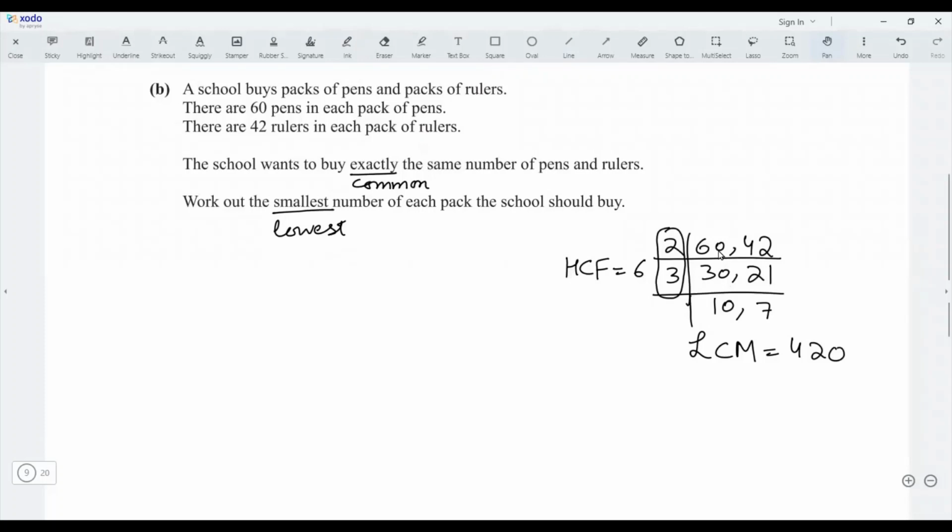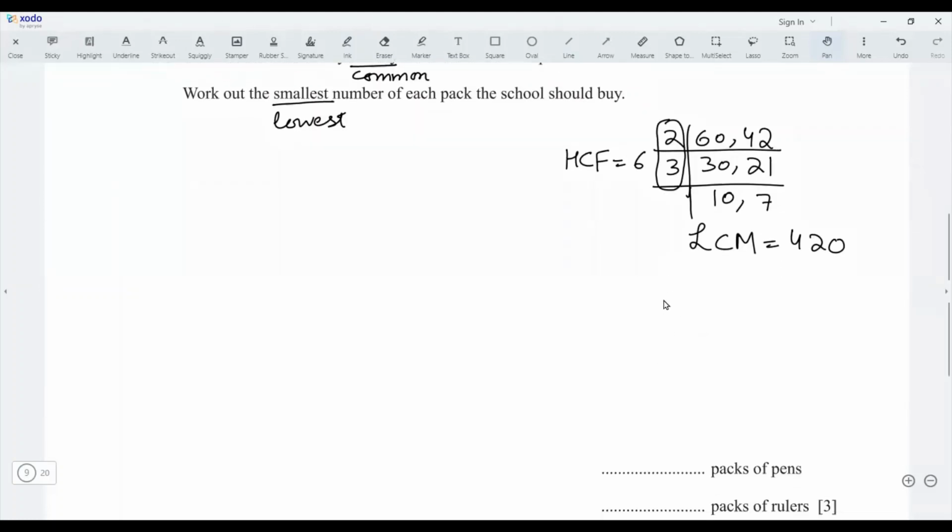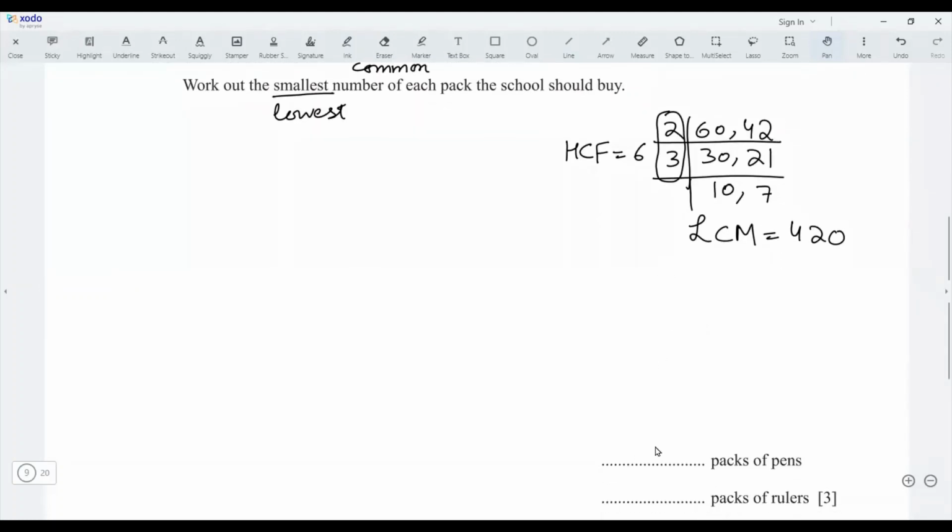Means if we divide 60 by 6, it results in 10. So there are 10 packs of pens. And similarly, if we divide 42 by the HCF, that is 6, it will be 7. So the exact number of packs of rulers must be 7.